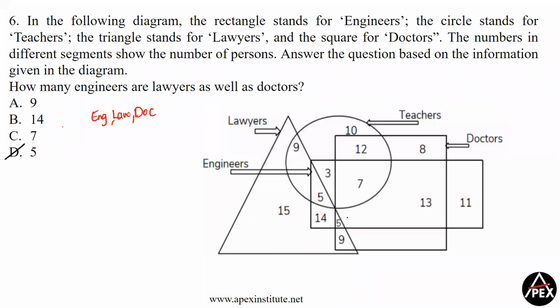So the answer for this question should be 5, because this is the intersection of all the three regions: lawyers, doctors, and engineers. Perfect. Right answers from the majority of you guys. Clear? So can I move to the next question? Yes. Okay.